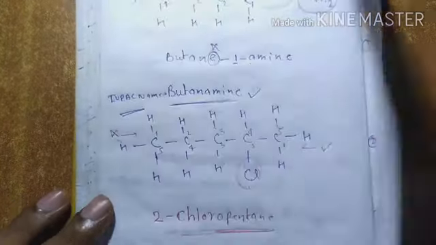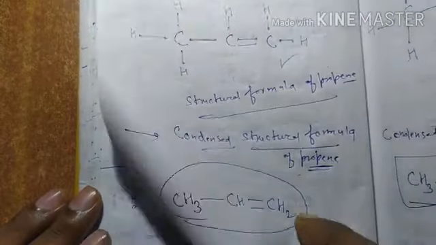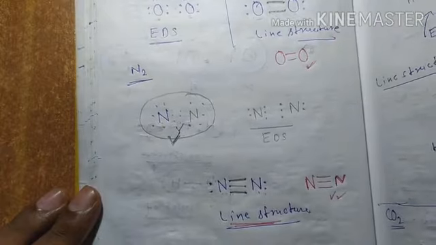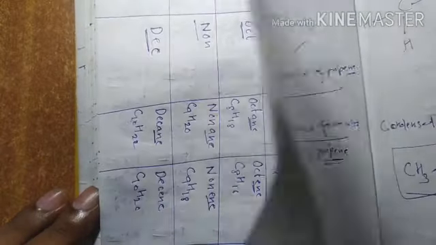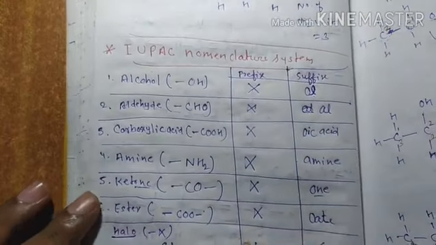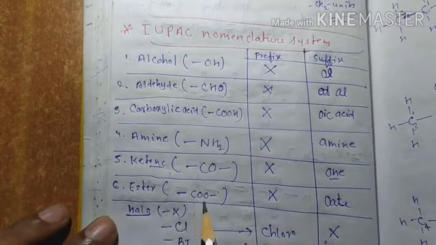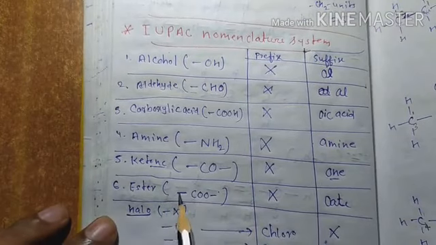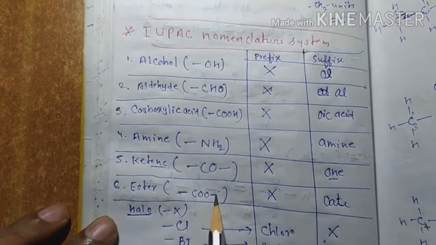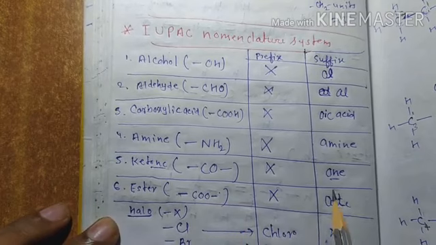So you can check here. Just a second. This is the ester group, if you remember. See this one, this is the ester group, C single bond, COO single bond, right? So for this we use the suffix oate, right?